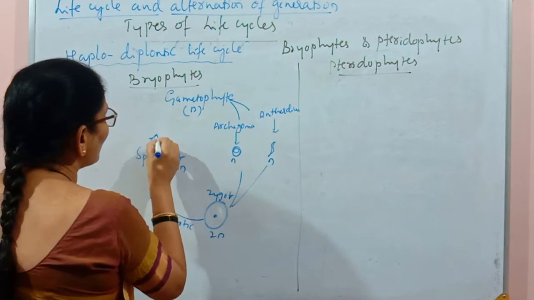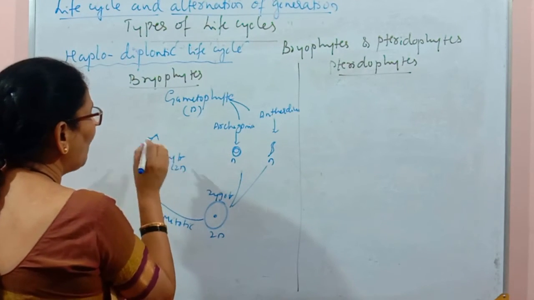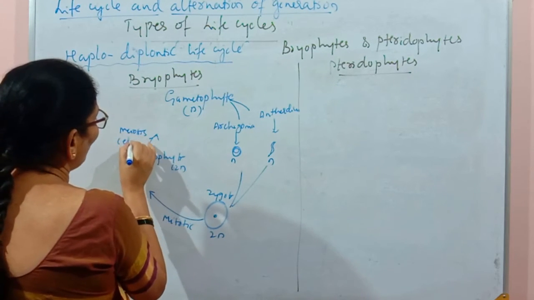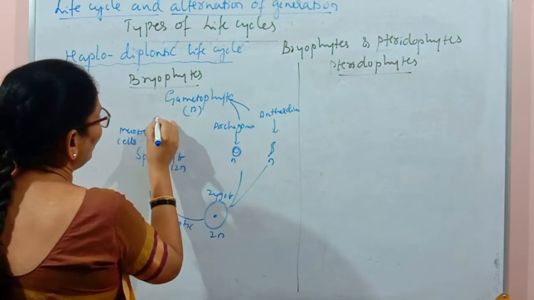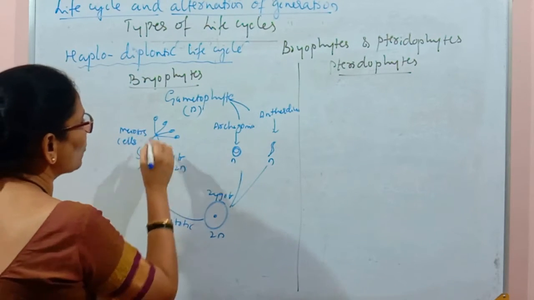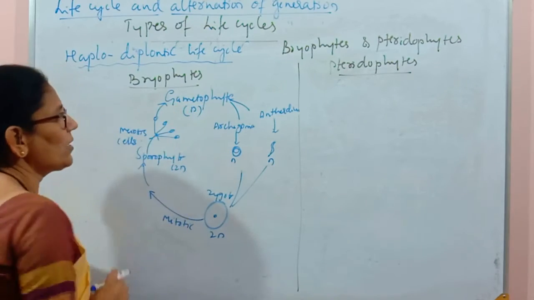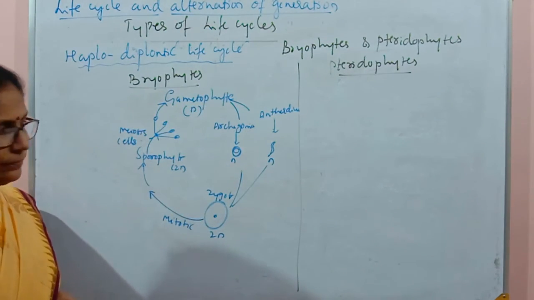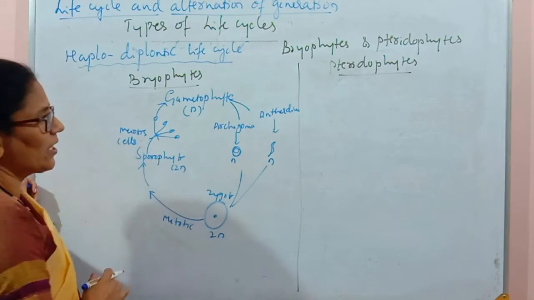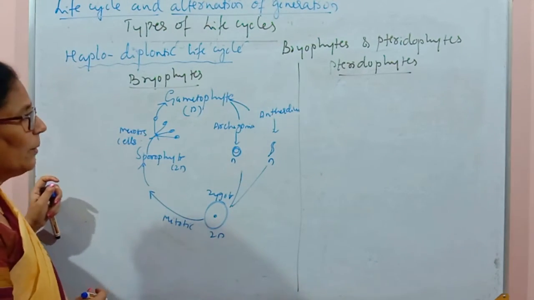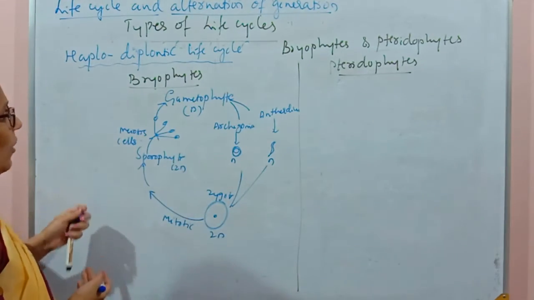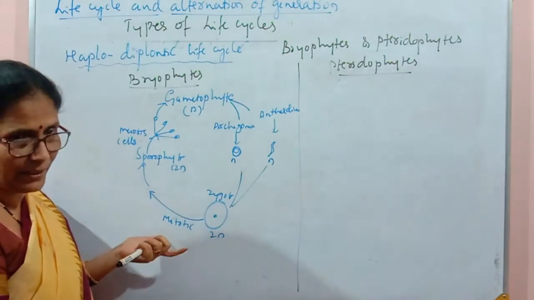Some cells of the sporophyte undergo meiosis and produce haploid spores. When these haploid spores fall on the ground, they again produce the gametophyte. Here, both haploid and diploid stages are more or less equal, but the gametophyte is the main plant body, hence we call it the haplodiplontic life cycle.